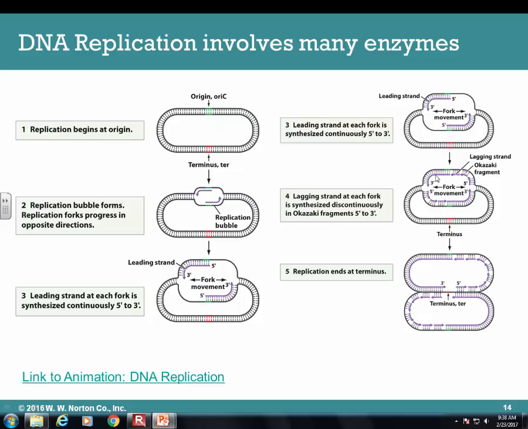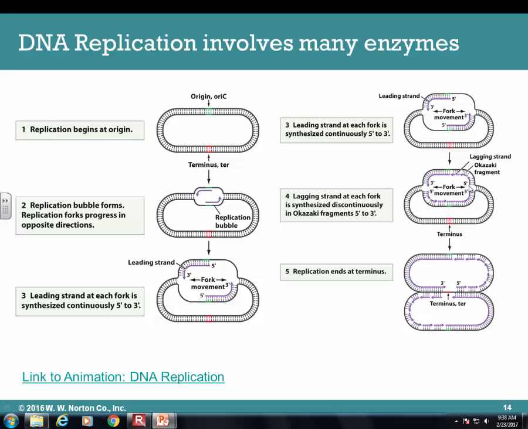So the lagging strand is really going in the opposite direction of the leading strand, but because it's still polymerizing in the same direction, it has to kind of start polymerizing and then it stops and then it goes back again and polymerizes another fragment.